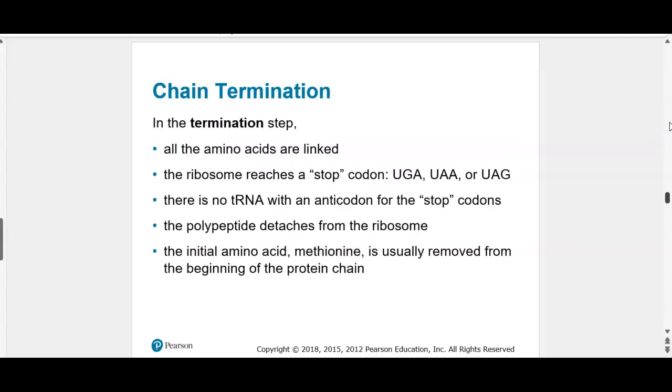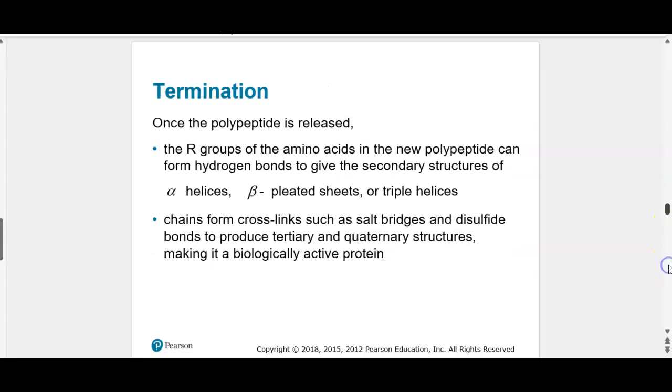Chain termination. Well, we've mentioned all this, so move on. Once the polypeptide is released, the protein's going to fold, partly spontaneously, partly with helper proteins that help it fold into the proper configuration.